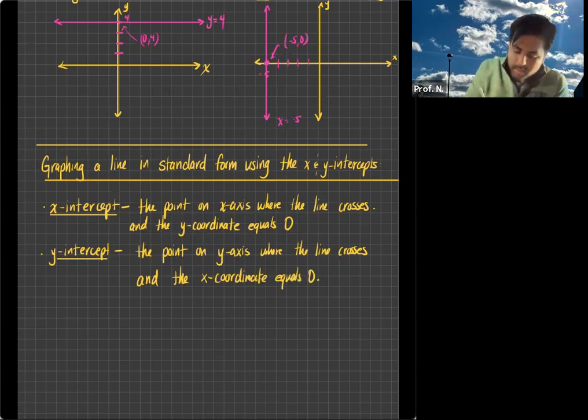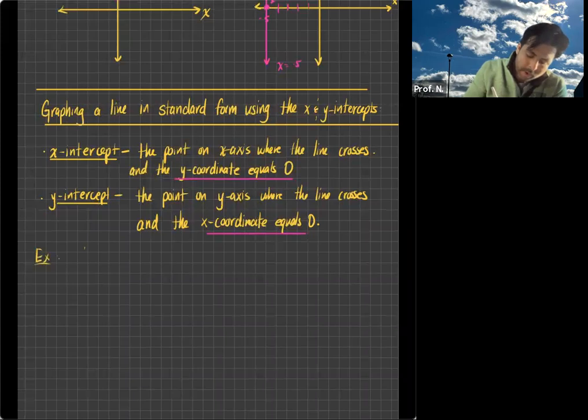So x-intercept means y-coordinate equals 0. Y-intercept means x-coordinate equals 0. So that's how we're able to figure out the intercepts, by knowing what the corresponding y or corresponding x value is. So I'll give you an example.